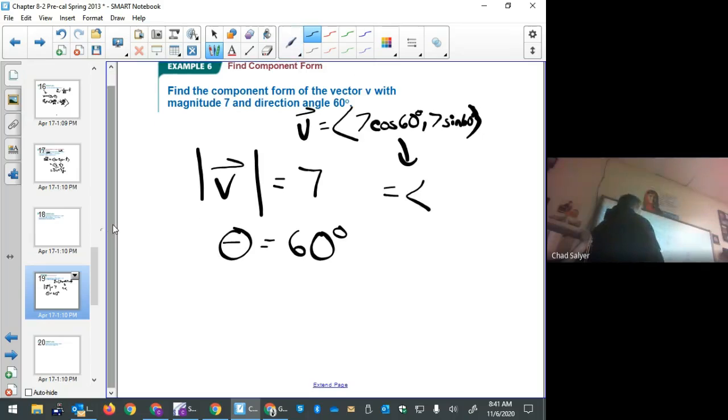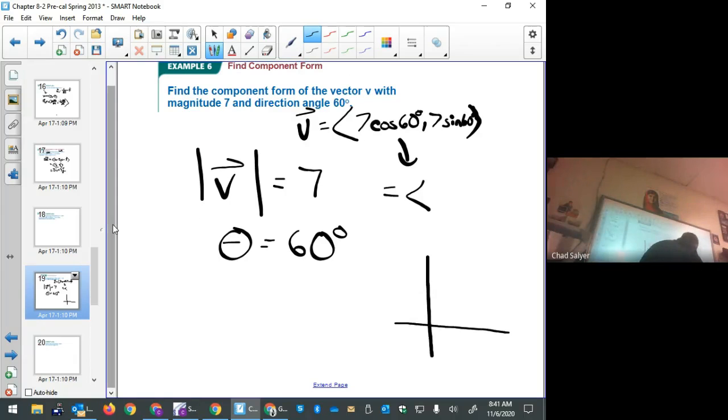Not quite. Let me refresh your memory. Remember my daughter Chelsea's little trick for this. You got 30, you got 45, and you got 60, okay? So 0, 30, 45, 60, 90. This is first quadrant. That's all you need, because the rest of it you can infer from symmetry. So this is 1, 0. This is 0, 1.